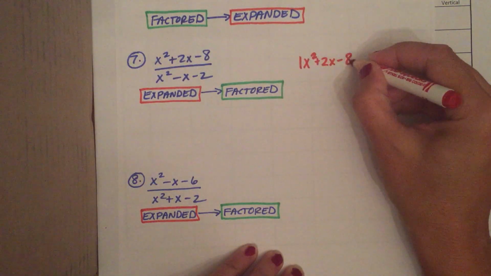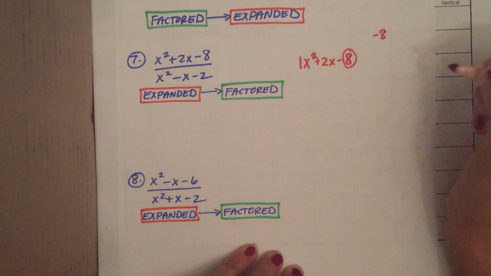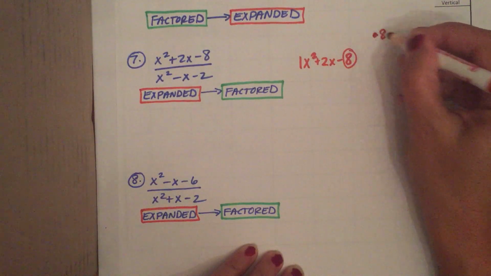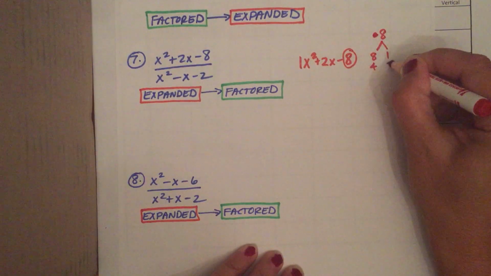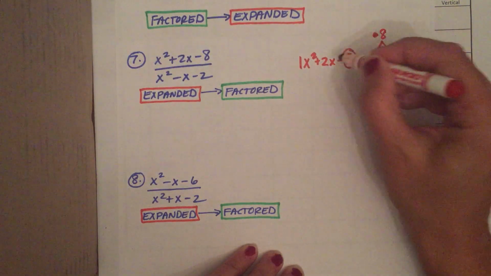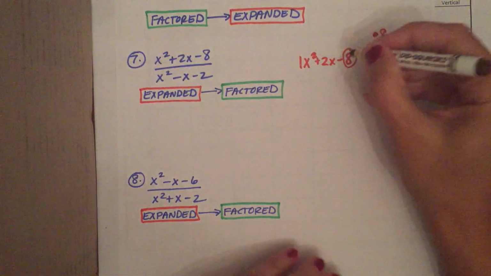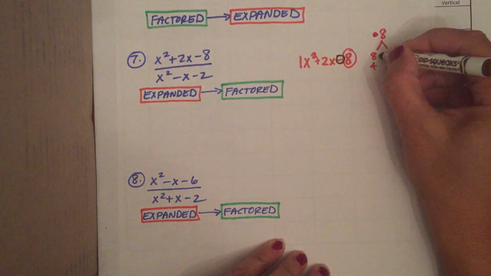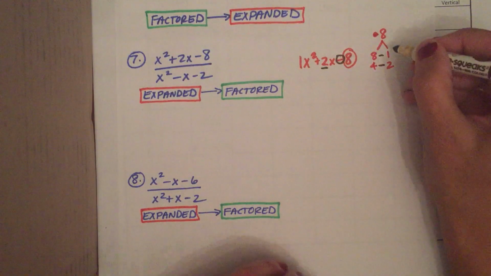I'm going to take the 8, which is my c value, and I'm going to find factors of 8, which would be 8 and 1 and 4 and 2. And I'm looking for two factors of 8 that, if you look at the signs, subtract or have a difference of 2, which is my middle term.